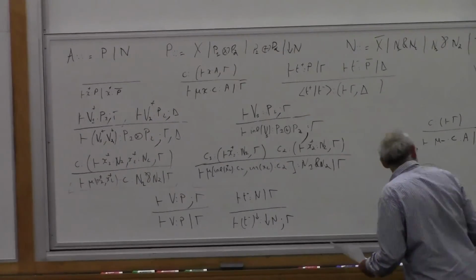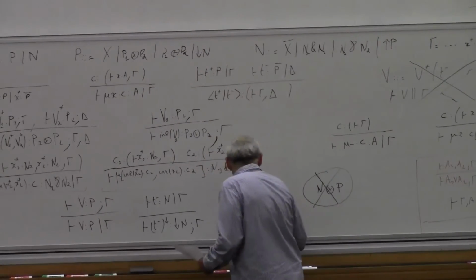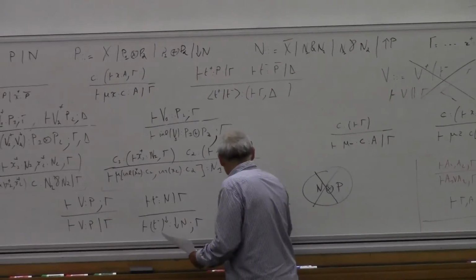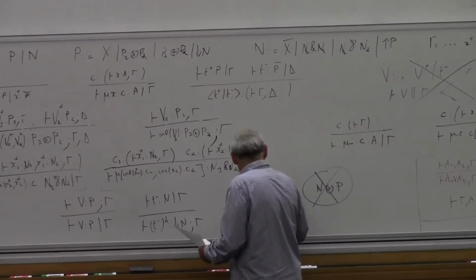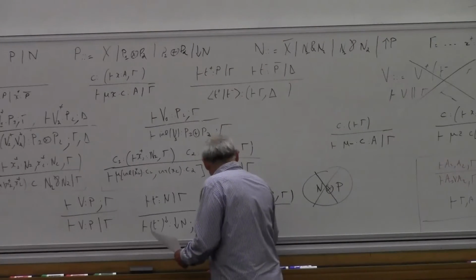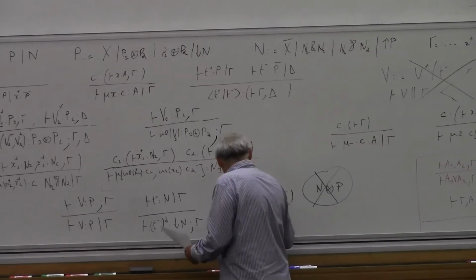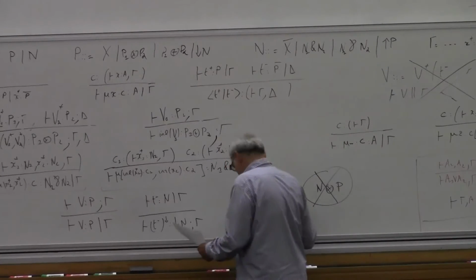And the other rule for introducing the up one is going to be if C is of type x minus dot p gamma, then mu x minus dot c.